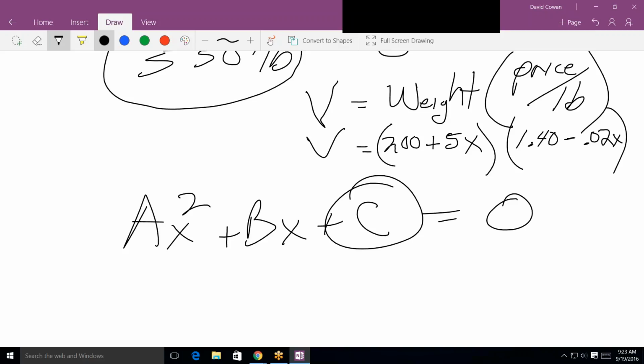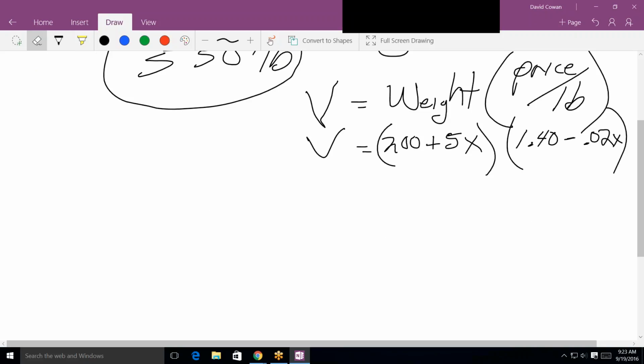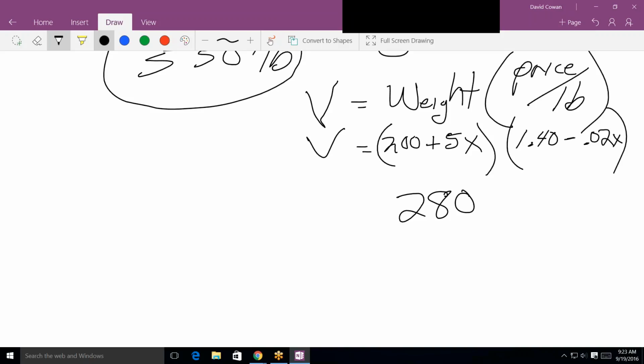If you set x equal to 0, then this c is always the y-intercept. So in this problem, we know where that constant comes from. It comes from multiplying that number by that number. So the y-intercept is 280.